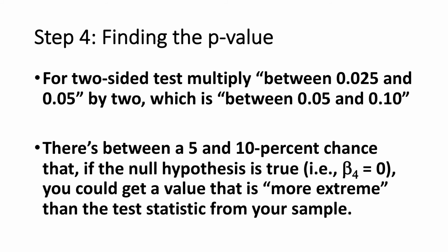So therefore, we have to multiply that area in the upper tail, which is between 2.5% and 5%, by 2, which gives us a value of between 5% and 10%. So this p-value means that there's between a 5 and 10% chance that if the null hypothesis is true, in other words, if beta 4 is equal to 0, you could get a value that is more extreme than the test statistic of 2 that we found from our sample.